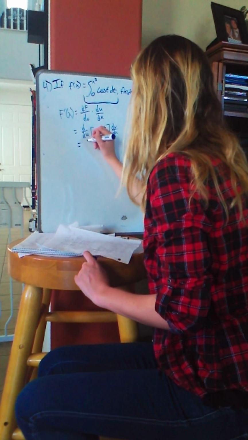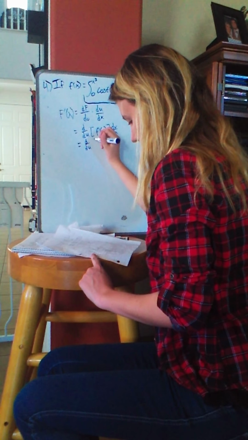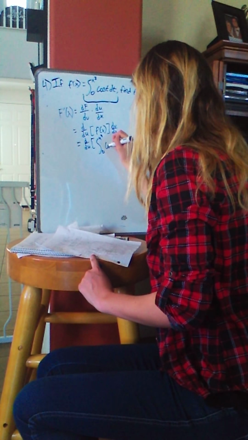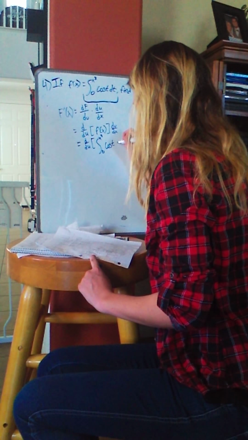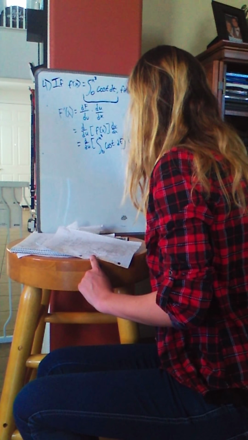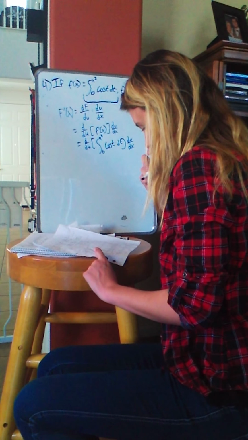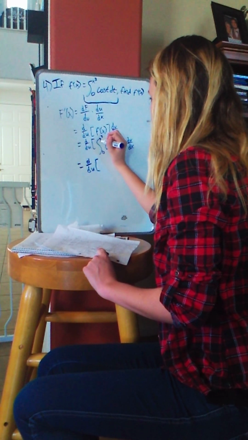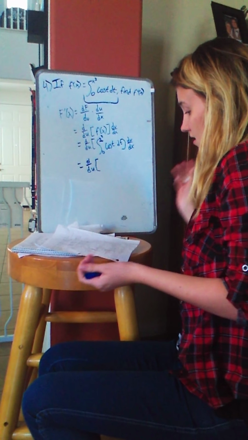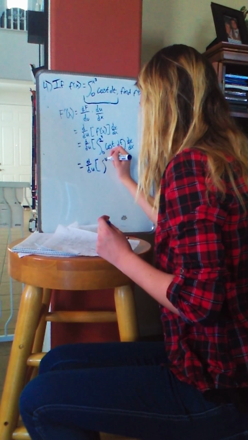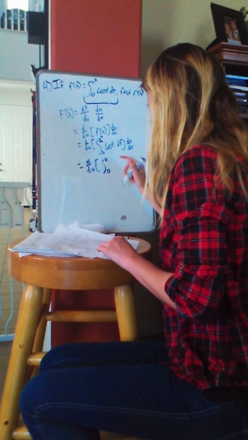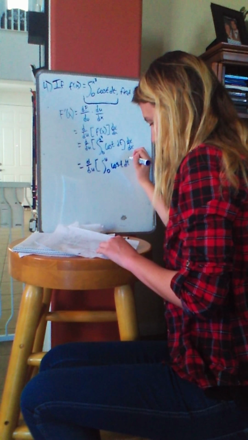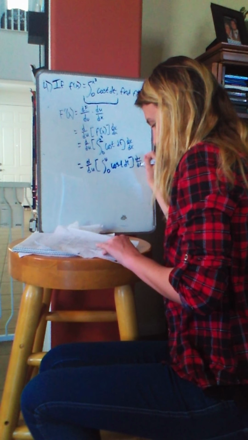So we're going to substitute it in, d/du times the integral from 0 to x cubed of cosine t dt, du/dx. And then for d/du, we're going to set the x cubed to u. So u means the integral from 0 to u of cosine t dt, du/dt.